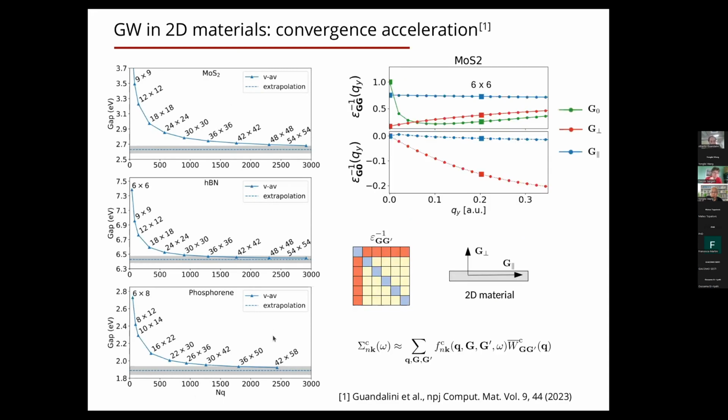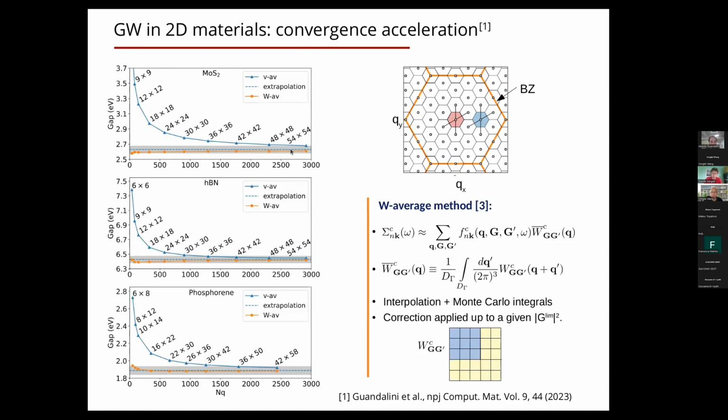The problem of this convergence originates from the fact that the macroscopic component of the inverse dielectric function of a 2D system is sharp in the long wavelength limit. And this does not happen, for example, for a 3D material. This is why we have this convergence problem.